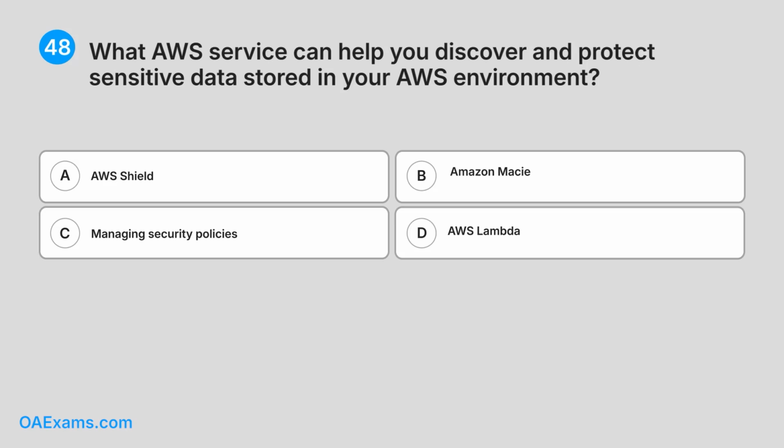48. What AWS service can help you discover and protect sensitive data stored in your AWS environment? A. Amazon Inspector. B. Amazon Macie. C. AWS IAM. D. AWS Lambda. Can you guess the answer?